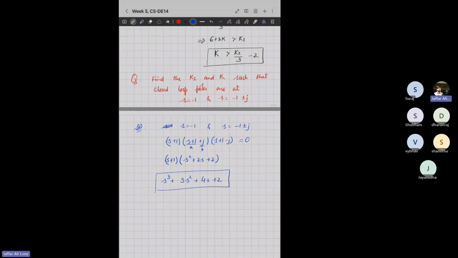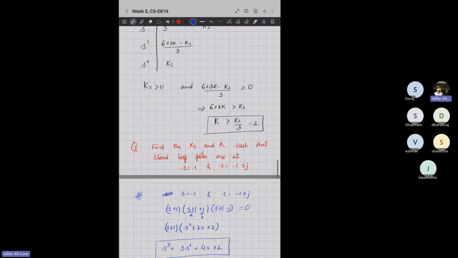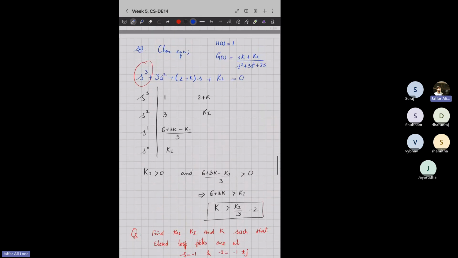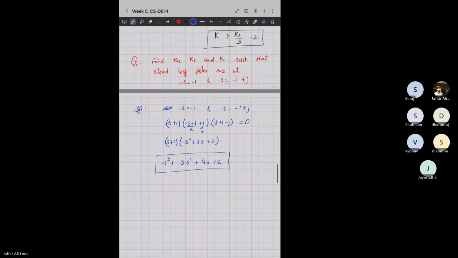This is the characteristic equation actually, because the poles are of the characteristic equation because it's closed loop. But already you know the characteristic equation, which we found from the control system by using feedback: s cube plus 3s square plus (2 plus K) into s plus Ki.